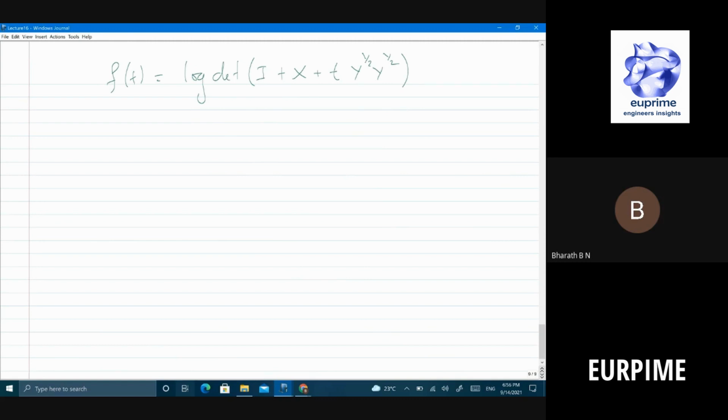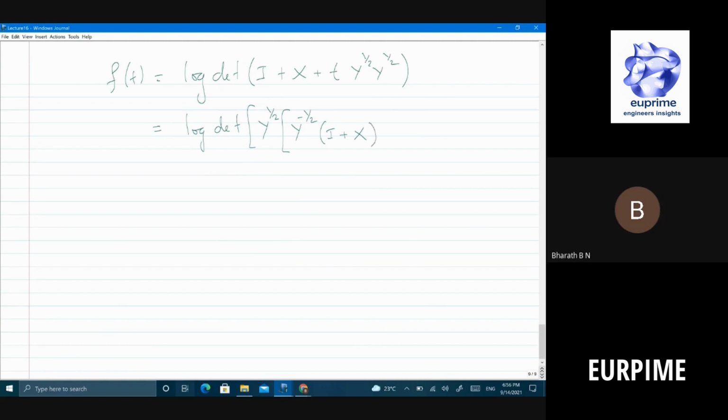Now I'll pull Y power half outside. So what do I get? I should have Y power minus half here, identity plus X. I might have to multiply t to X rather than t to Y. Let's see that later.